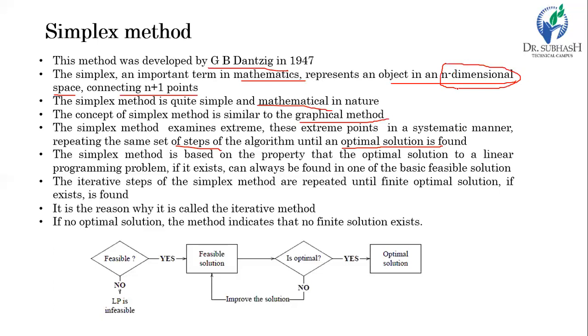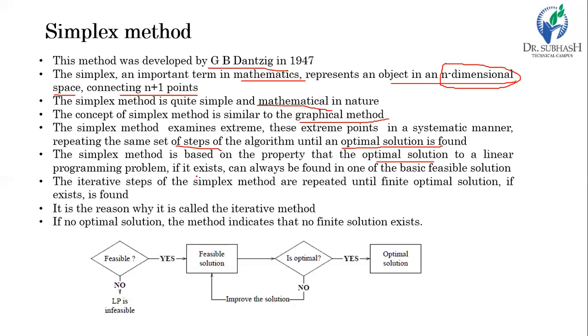That is the reason we can use it for problems with more than two decision variables, and for that space it has n plus 1 extreme points, and the simplex method will examine all these extreme points to find optimality or the solution.